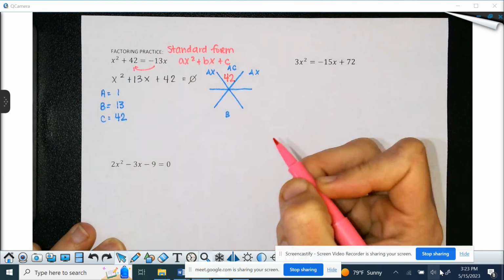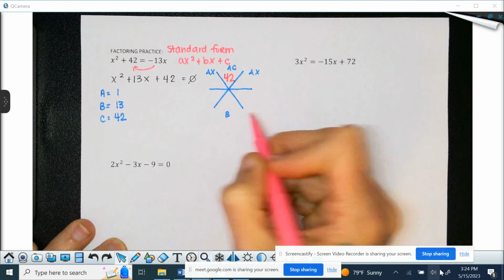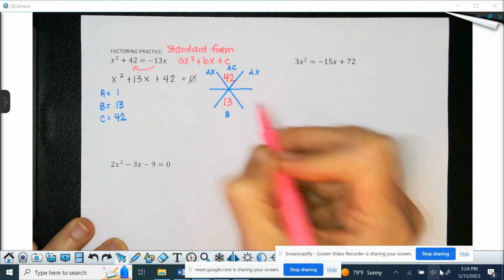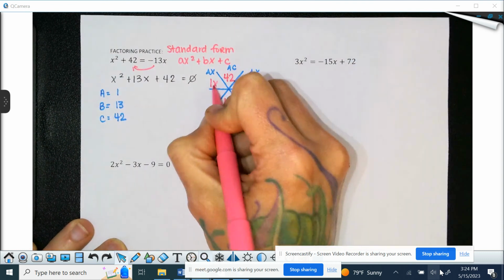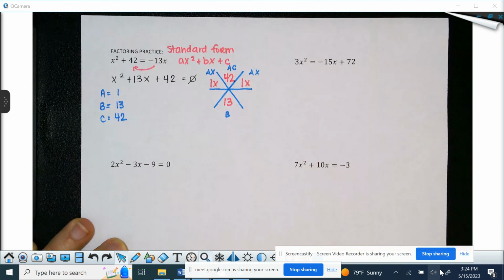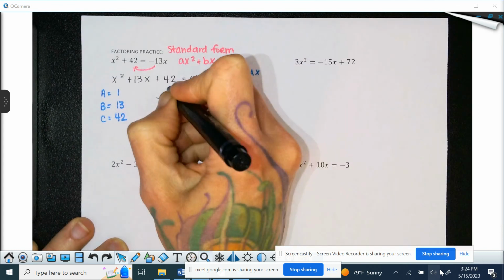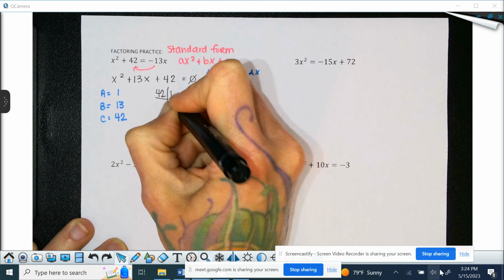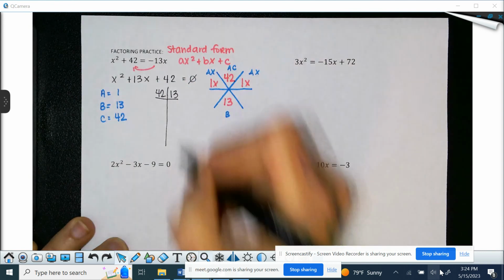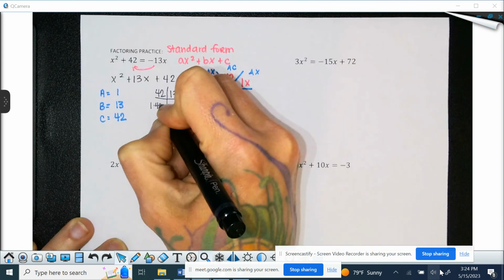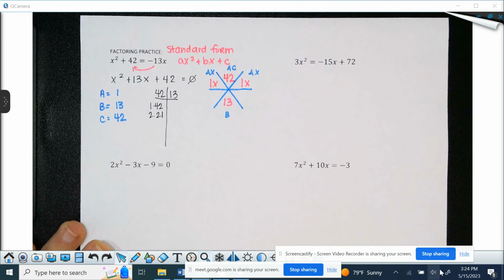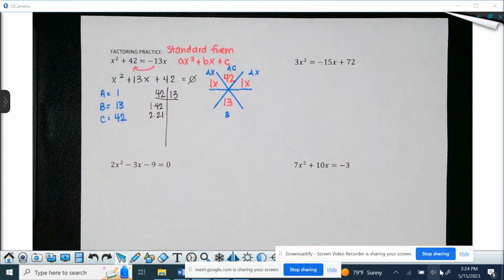B goes in the bottom every time, so that's 13. We said a is 1, so we're going to put 1x, 1x. Now, we have to decide what I can multiply together to get 42 that will add or subtract to give me 13. So I have 1 and 42, 2 and 21, 3 and 14.